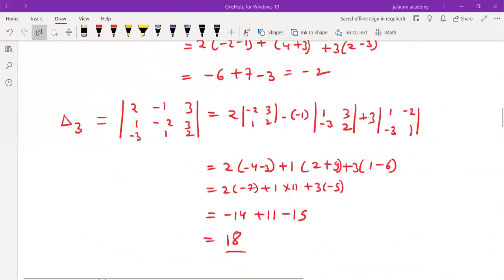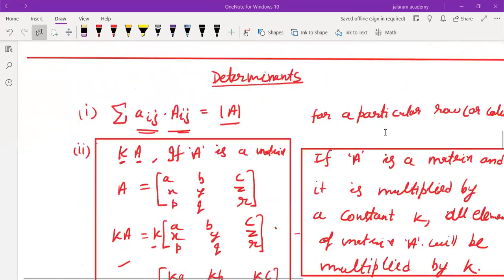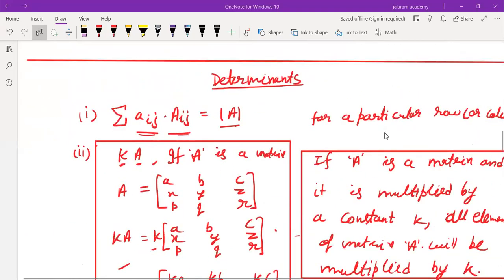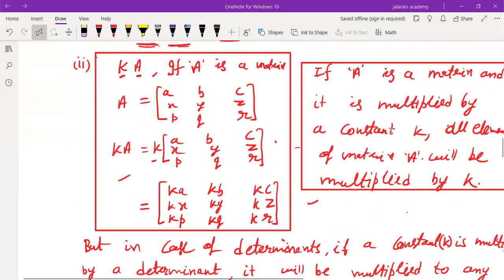Okay, so now we again revise the properties. First property we have discussed, the sum of products of all the elements of a row or a column with the cofactor gives the value of determinant A, which we can learn again from our first video of determinant.